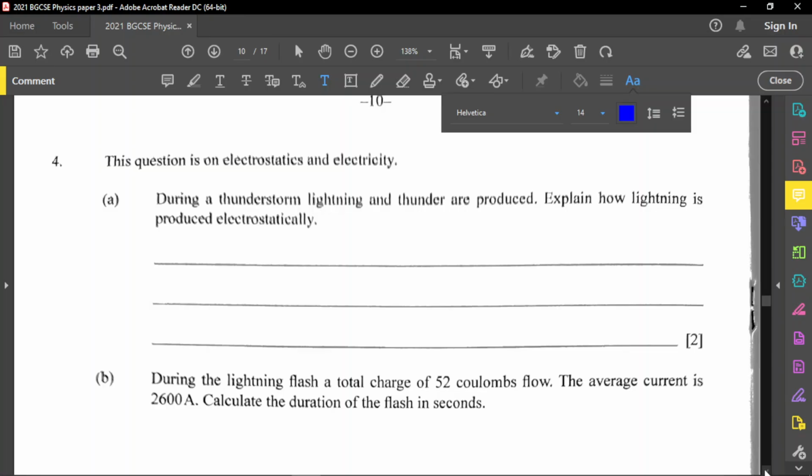It said during a thunderstorm, lightning and thunder are produced. Explain how lightning is produced electrostatically.